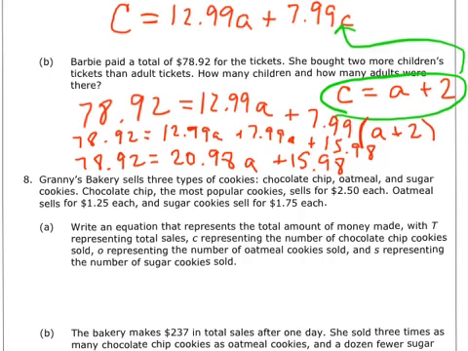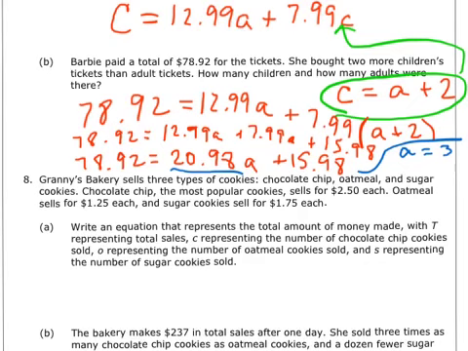First we're solving for A. So first we need to subtract $15.98 from $78.92. So $78.92 minus $15.98 is $62.94. And then that is equal to our $20.98A. So we're going to divide by $20.98, and that gives us A equals 3.